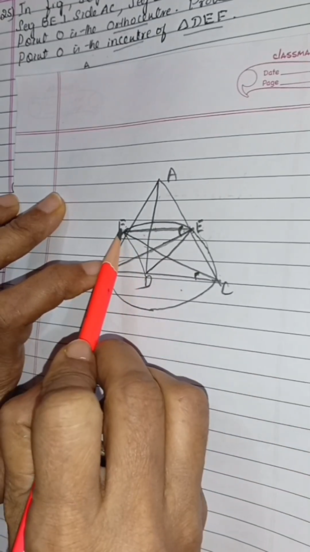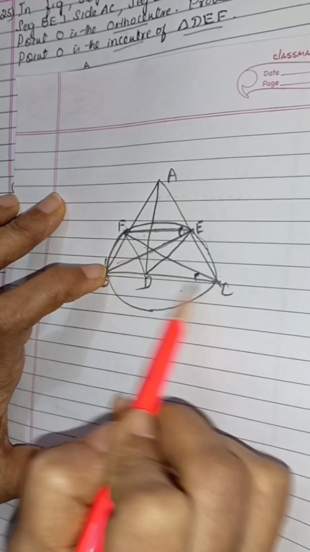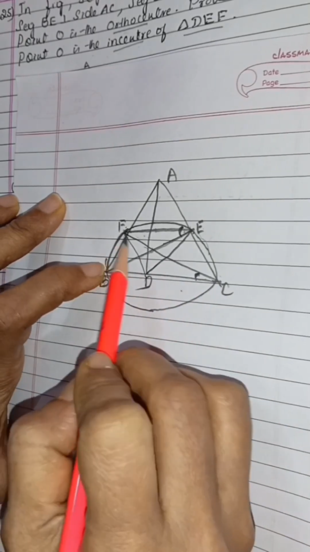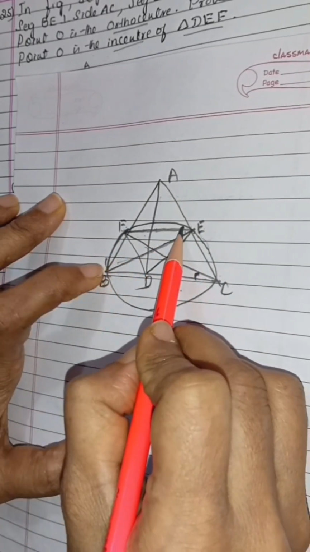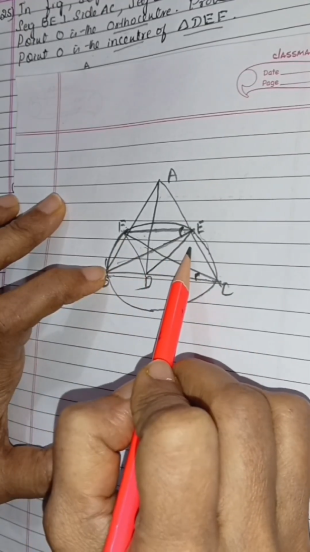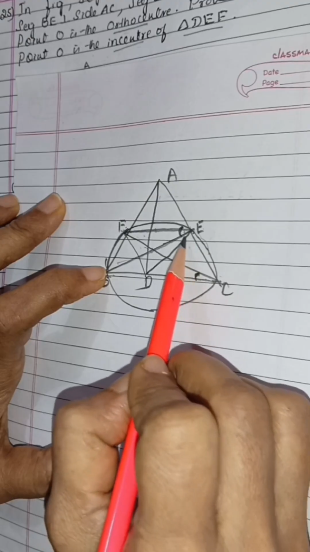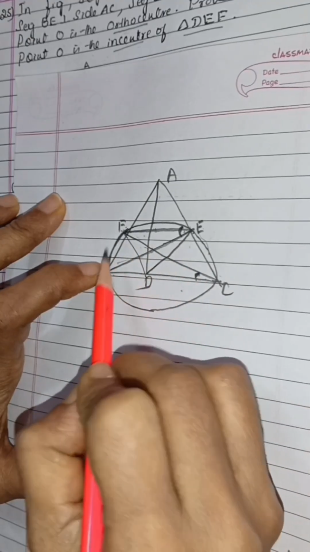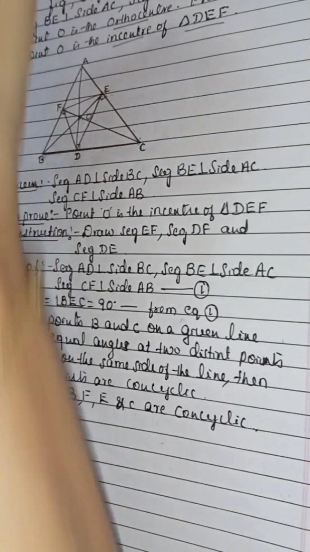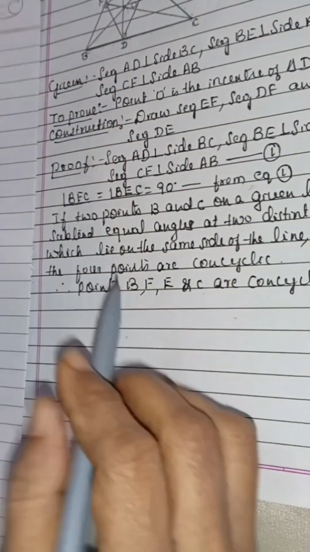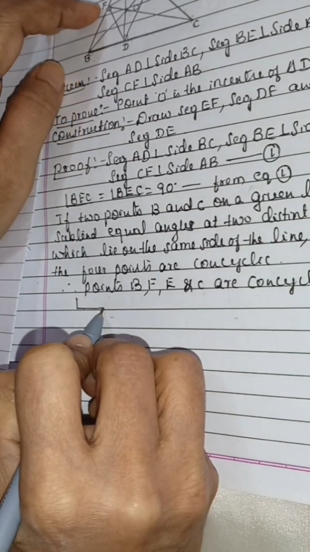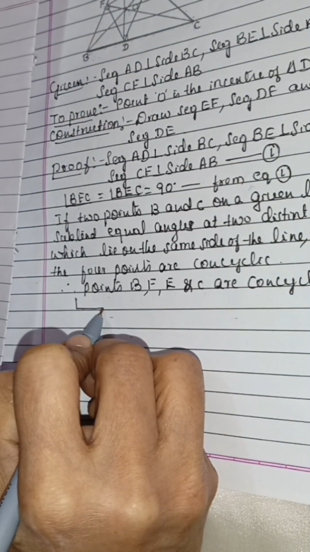Similarly, angle FCB is also an inscribed angle and that intercepts arc FB. Therefore, angle FEB is equal to angle FCB, because angles inscribed in the same arc are congruent. Understood? Therefore we'll write here angle FEB.